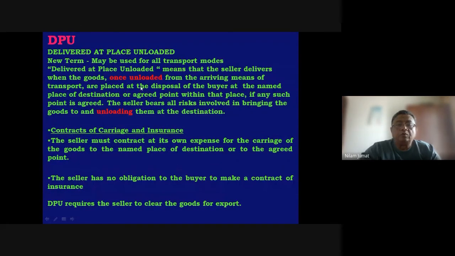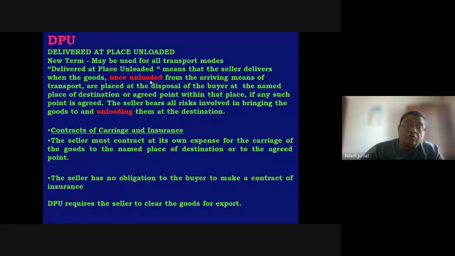In DPU, you take it there and you unload it. Here the exporter has to take it to the point in Riyadh, wherever, and also unload it. Understand? Even the unloading is done by the exporter.